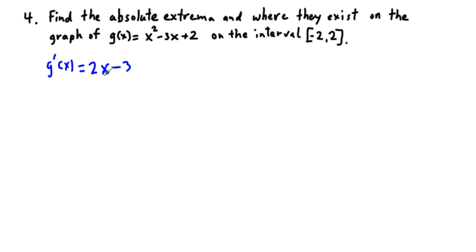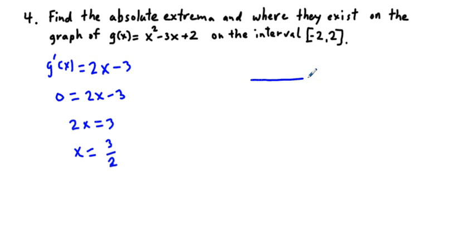And to find our critical number, we set g prime of x equals 0. 0 equals 2x minus 3. And so we have 2x equals 3. So we have x equals 3 over 2. And we check, and 3 over 2 is in that interval.